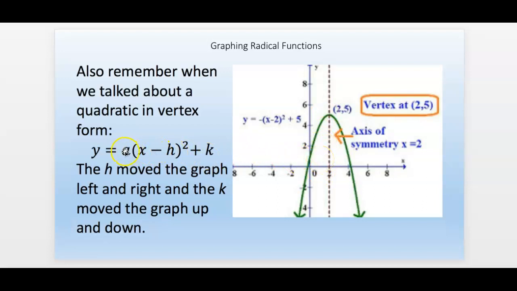And remember that a in front flipped the graph upside down like this one, or it compressed it or stretched it. It went up and down faster or slower, depending on the value of a in the front. And we can identify the vertex pretty easily here. In vertex form, hk was pretty easy to identify.